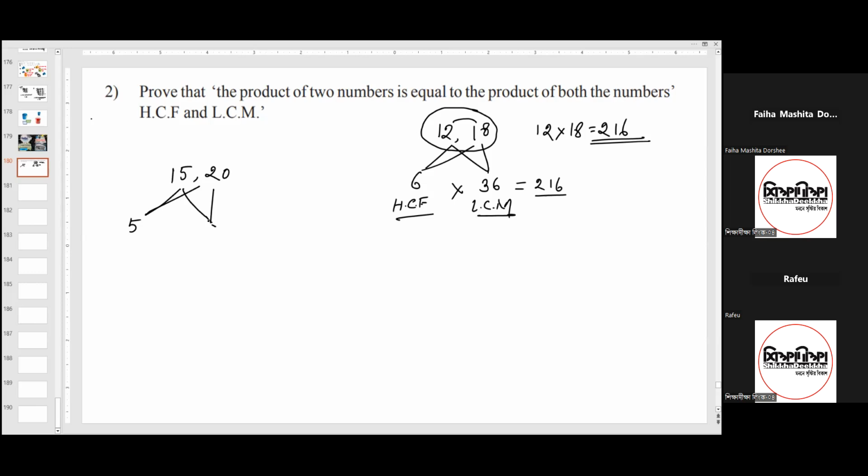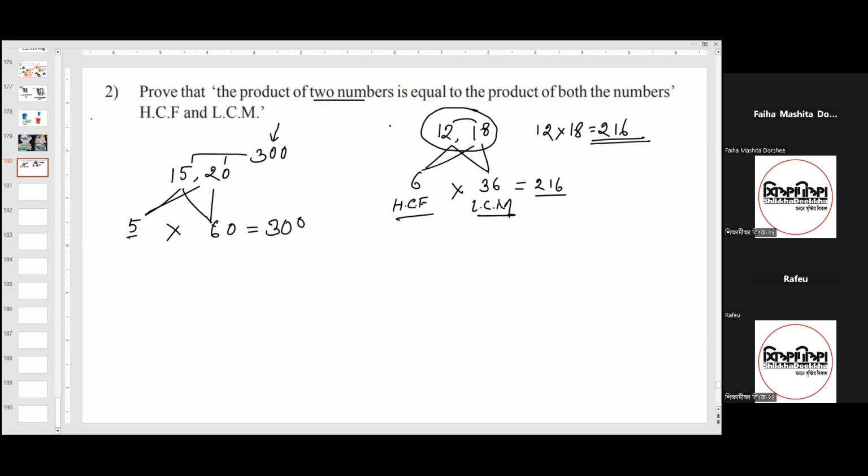The product of 15 and 20 is 300, right? If you find the HCF, it is 5, and the LCM is 60, and if you multiply the HCF and LCM, we get 300.